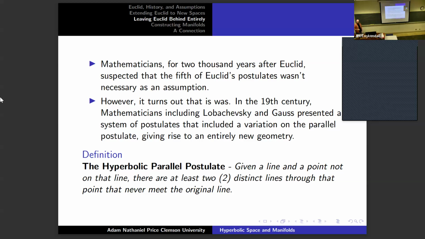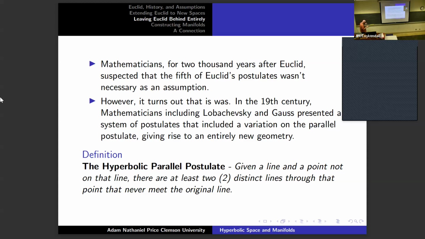At some point, those two lines will intersect the parallel line. Yes, in Euclidean space. This blackboard is Euclidean space, it's flat. And so I can't really draw hyperbolic space. That's the issue.